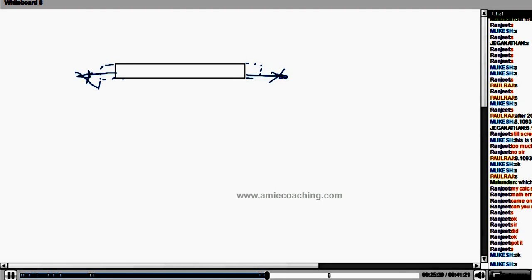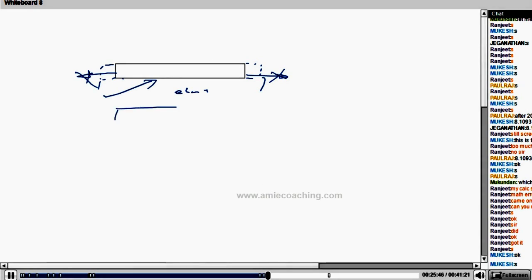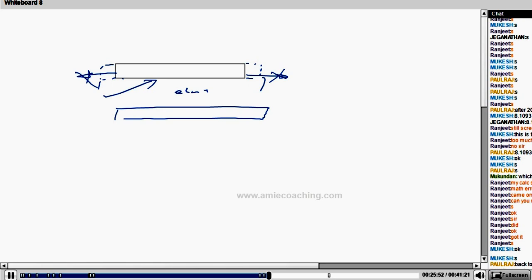And when I release this force, if this elongation is within the elastic limit, what will happen? It will regain its original shape. Am I right? Yes, back to original conditions.